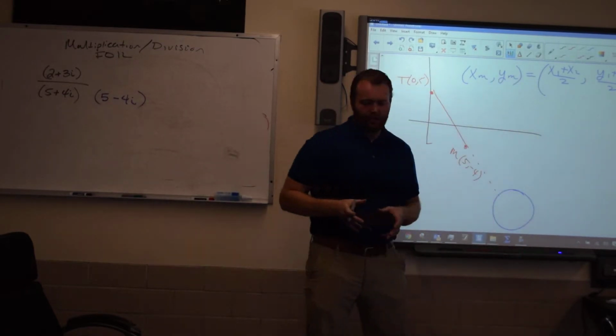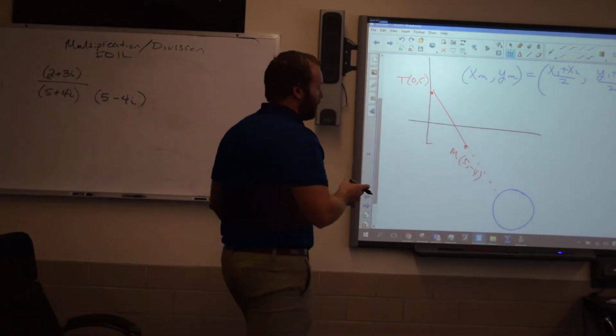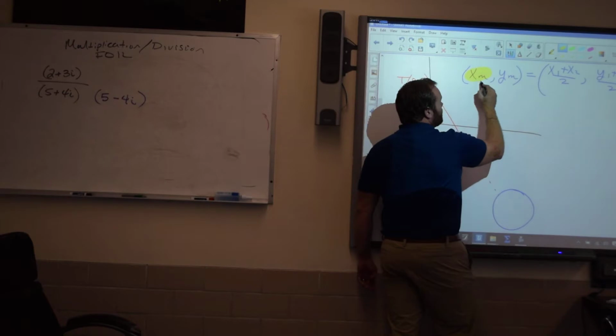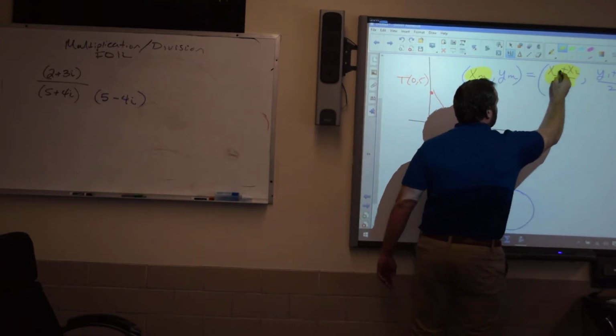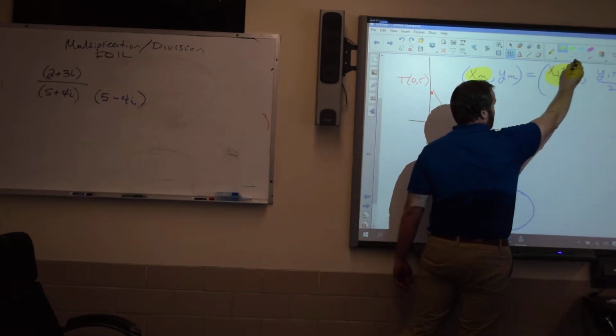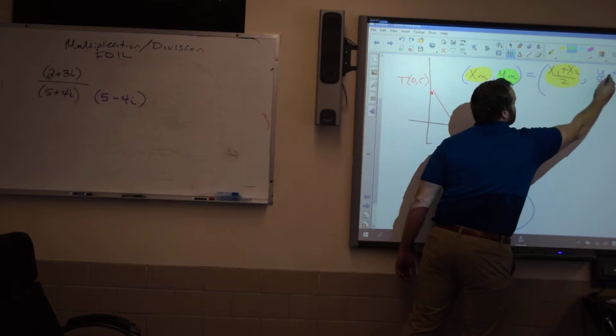Those are the formulas to find those particular coordinates. So when we look at this, it's actually two equations. I'm just going to color code it for us. That's one equation: x sub M equals x1 plus x2 over 2. And this is your other equation.